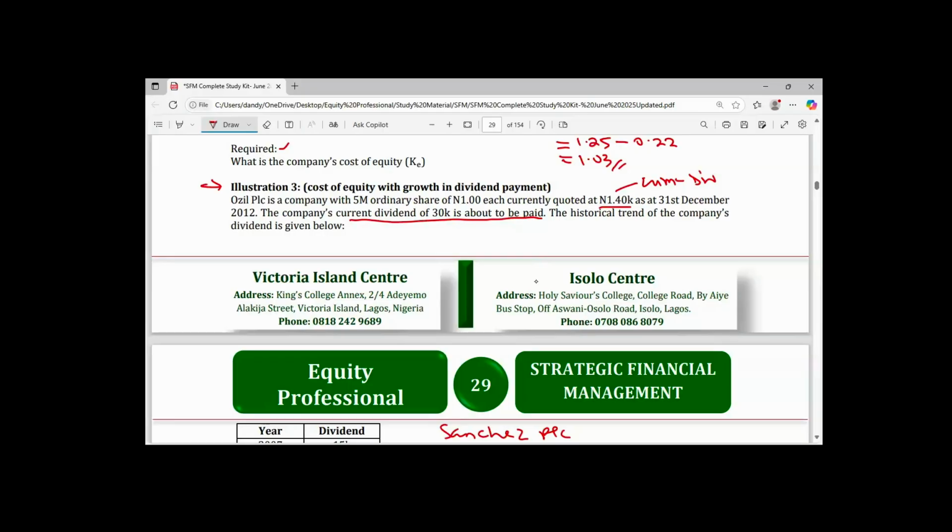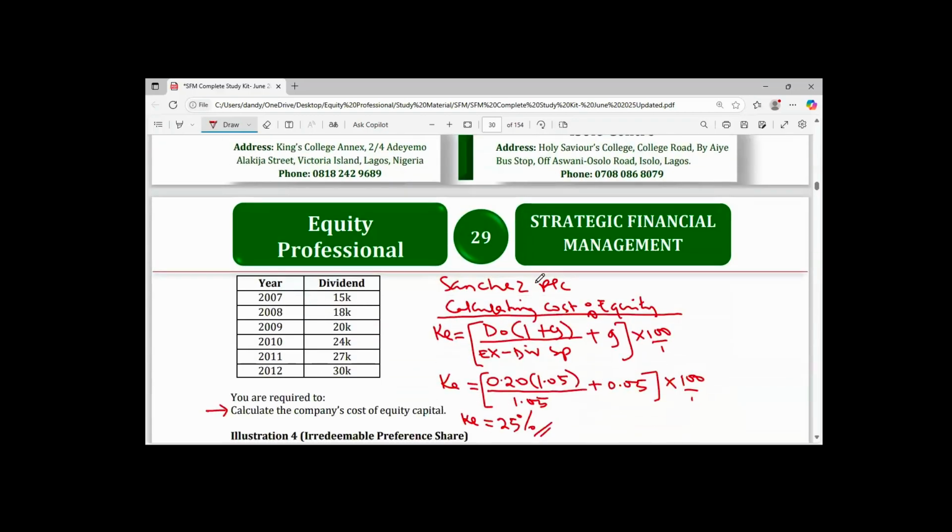Then the examiner has told you that the historical trend of the company's dividend is given below. The dividends paid from 2007 up to 2012 were given to you. You can see that dividend has increased from 15 kobo in 2007 to 30 kobo in 2012, which means dividend has grown.